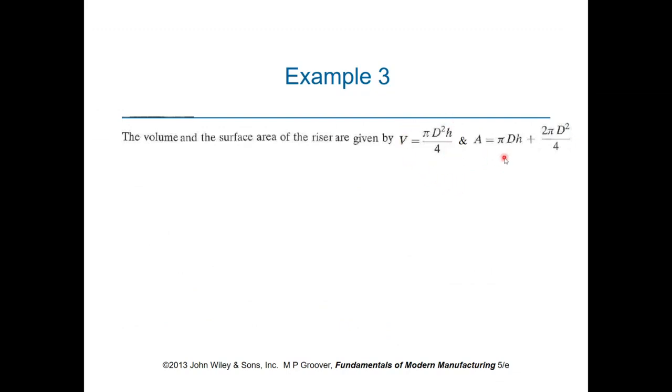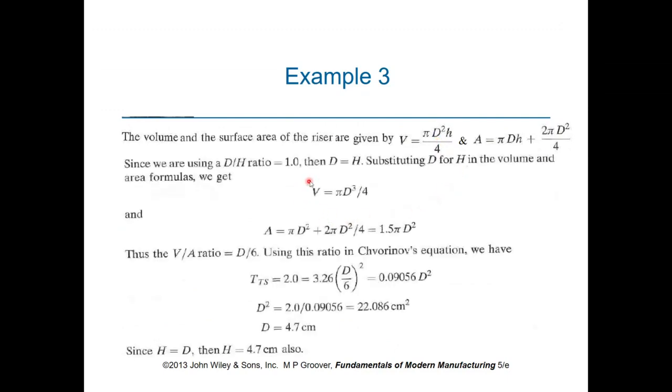So we rewrite these two equations in a way that either H or D is eliminated. We can rewrite the equation for volume, knowing that D is equal to H, in this form. Similarly, we write the equation for the surface area in this form. Now we have only one of the two parameters, diameter and height, in each of the equations, and for this given case, it is only the diameter.